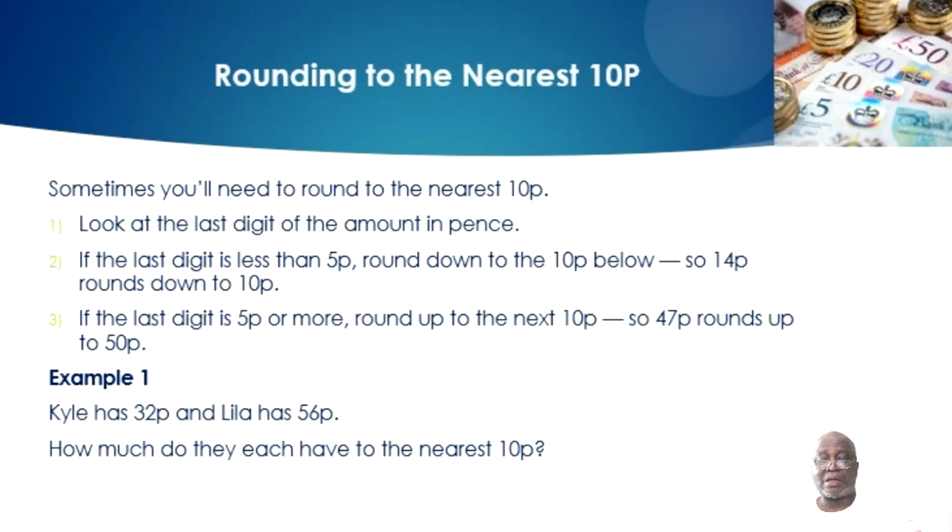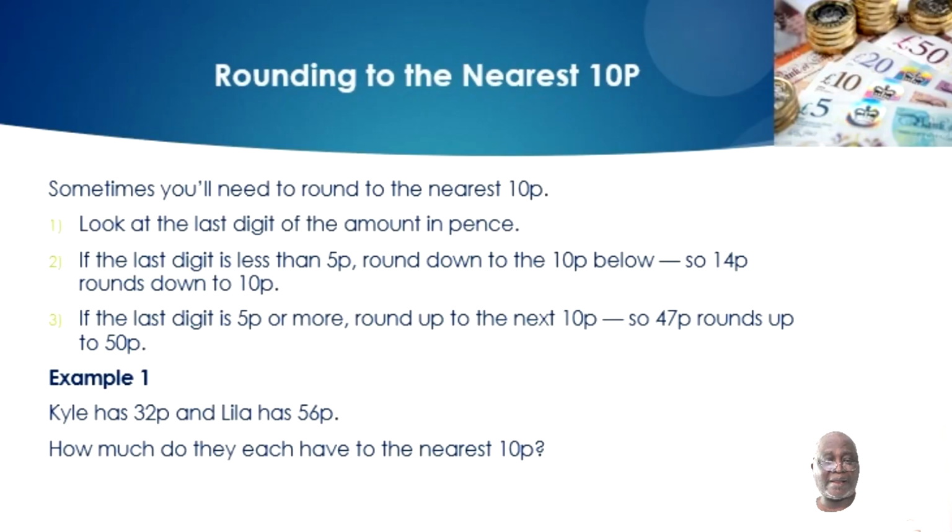So 14p, the 4 there is less than 5, so it becomes 10p. If the last digit is 5p or more, remember you're rounding to the nearest 10p, round up to the nearest 10p, so 47p becomes what? Yes, 50p. You guys are clever.